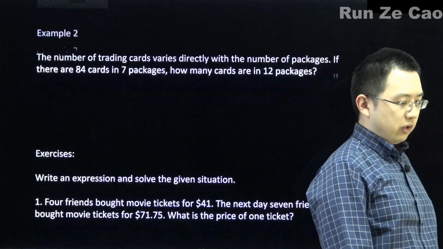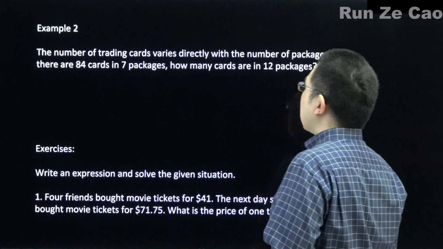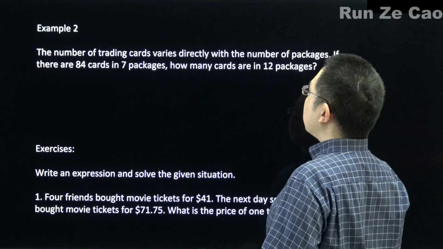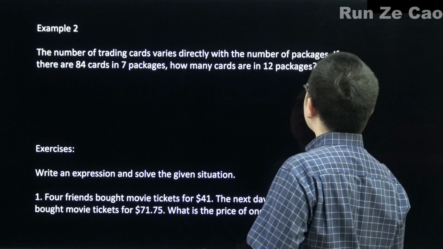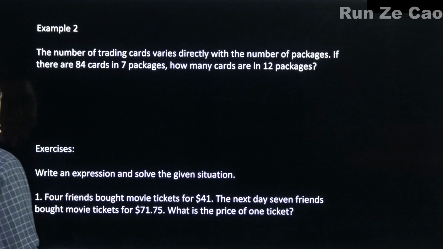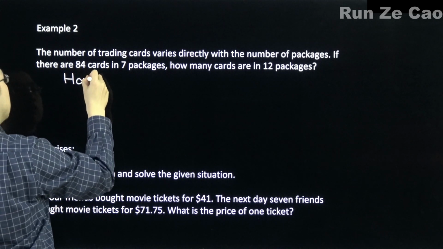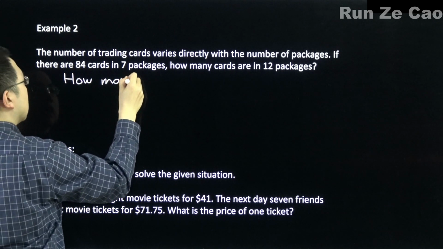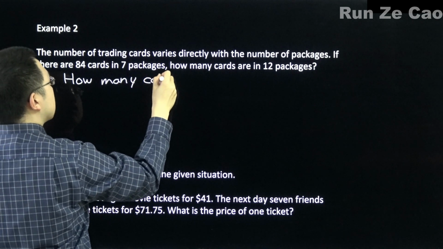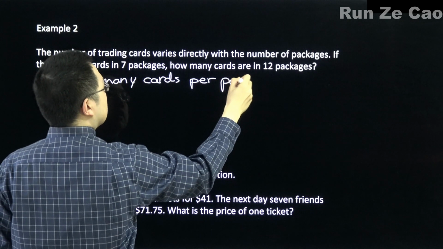Now, let's say we're buying decks of trading cards for whatever reason. If there are 84 cards in 7 packages, how many cards are there in 12 packages? Well, how many cards are there per package, basically, is what is being asked. How many cards per pack?